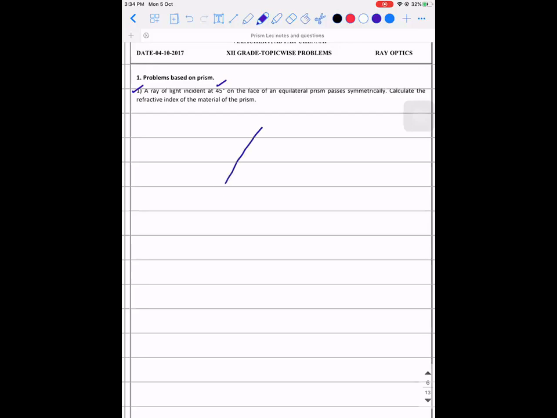So, there is a prism. And what kind of a prism is it? Equilateral. So every angle is going to be 60 degrees. So we need only the angle of prism. If this is 60, then a ray is incident at 45 degrees on the face of an equilateral prism. So it is incident such that the angle of incidence is 45 degrees.